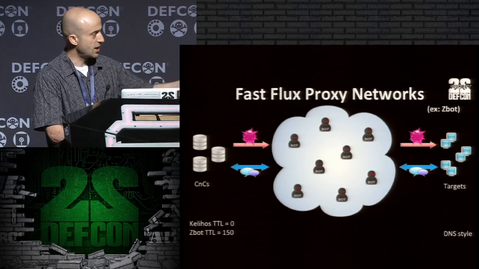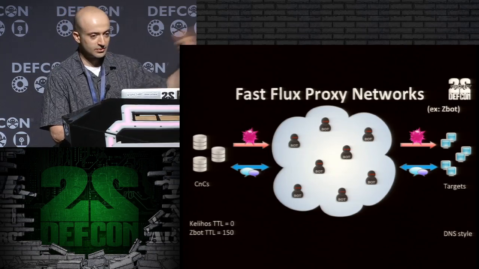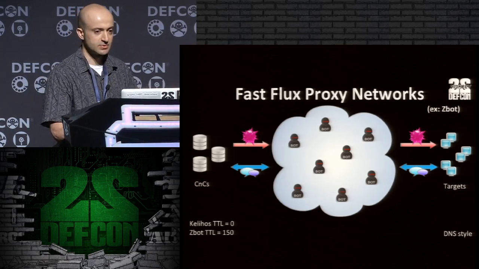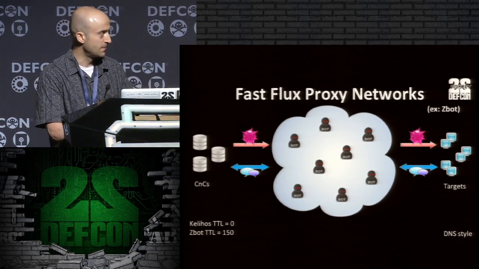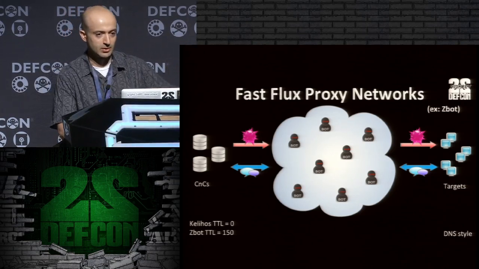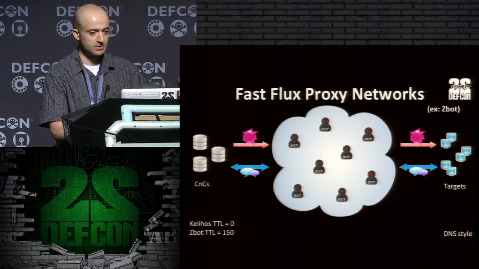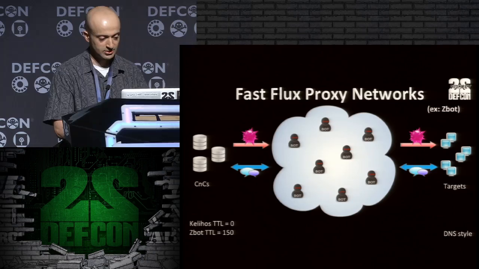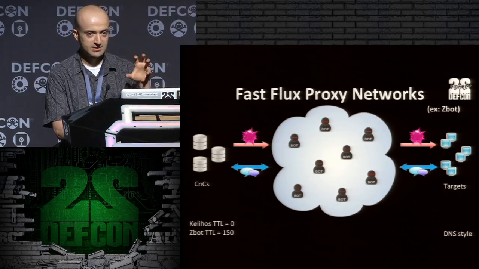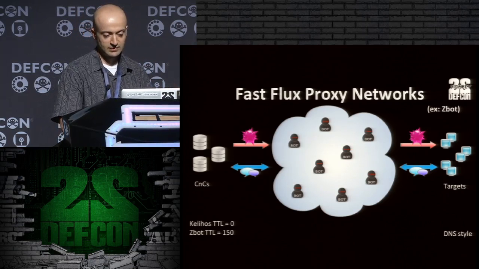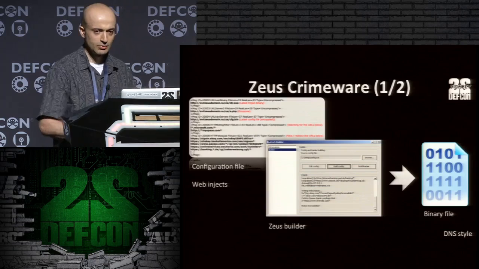The communication happens in two directions. If the targets get infected, they will phone back to announce their existence, their status, or some exfiltrated data. And the back ends, if they want to push extra payload, will drop it on the bots, and later it's going to be dropped on the target machines. In this case, we're looking at the ZBot fast flux proxy network, which has a TTL of 150 seconds. Now, we mentioned Zeus.